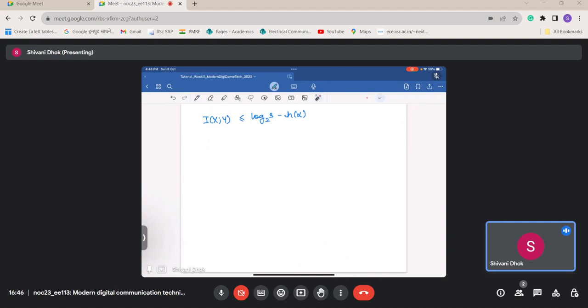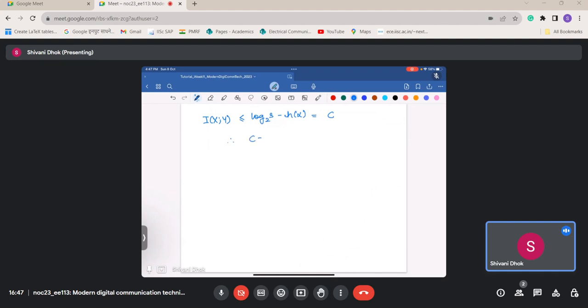This quantity here is not depending on PA, PB and PC. It does not depend on the prior probabilities or any distribution of say X or Y, which means that this quantity is independent of your distributions and only depends on alpha, which is the transition probability. This itself is my channel capacity.